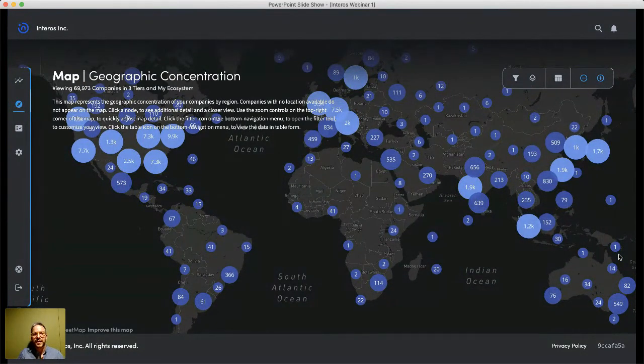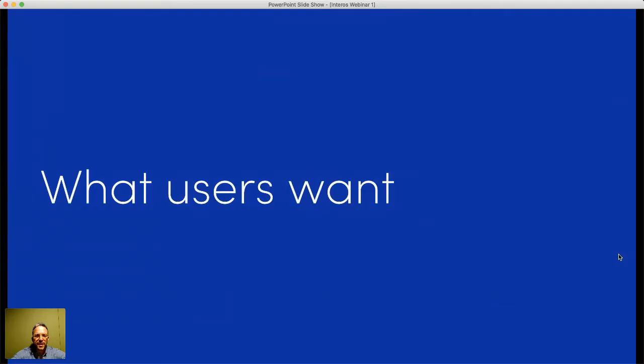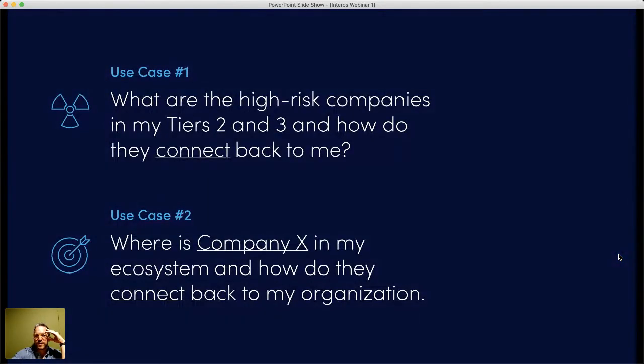Some ecosystems have thousands and thousands of suppliers, as you see here. So how do those relationships actually operate, and what's in it for me, as the epicenter of the supply chain? We wanted to answer that question, and we focused on 2 primary use cases for this new visualization we are already embarking on.